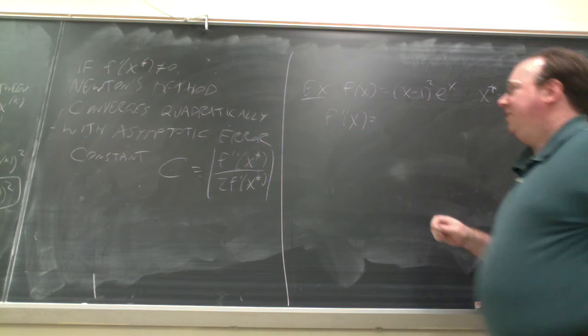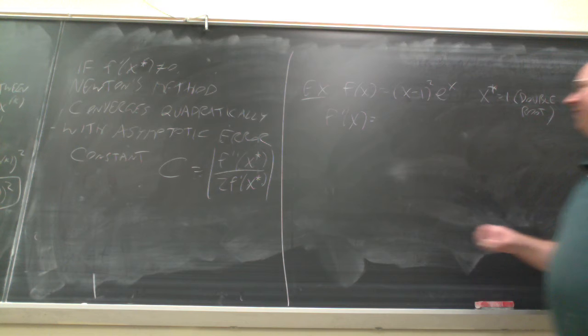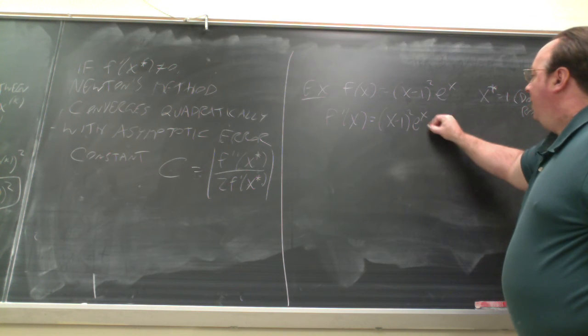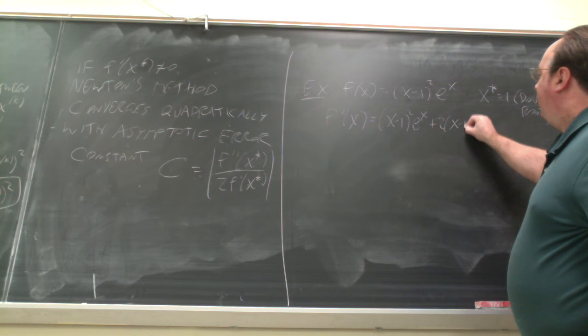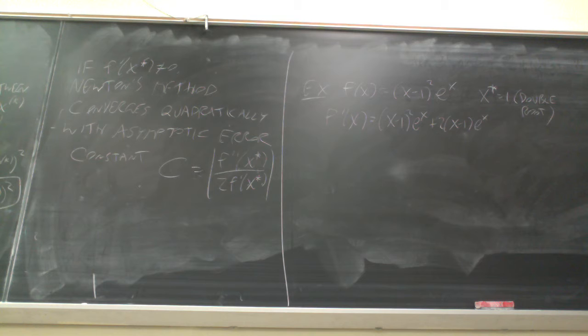And considering that other aspects of algebra and calculus have been a torture for you guys, I'm just going to go ahead and do this. So we have 2x minus 1 dx. Okay, so that's the derivative. And notice x equals 1 makes the derivative 0 also. That's what it means to be a double root. The function and derivative are 0 at that point.